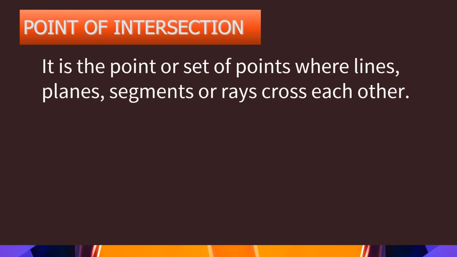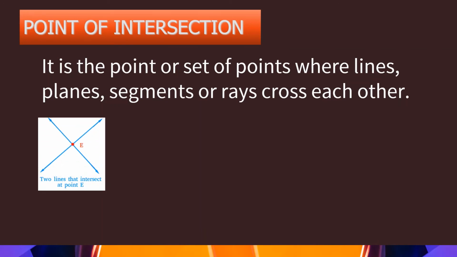Another is what we call the point of intersection. It is the point or set of points where lines, planes, segments, or rays cross each other. Ibig sabihin, magkakaroon tayo ng point or points of intersection kapag nag-intersect yung planes, segments, rays, or lines.